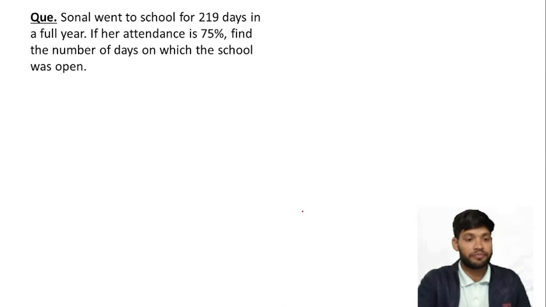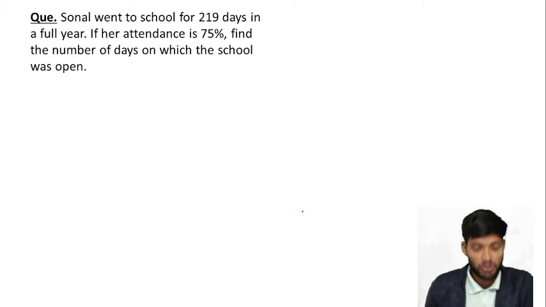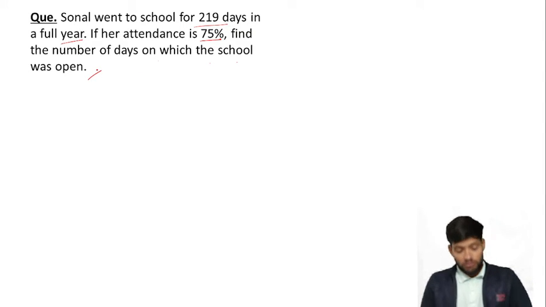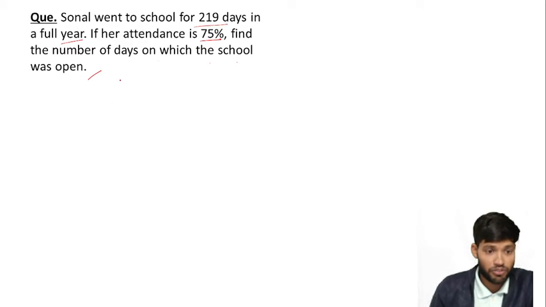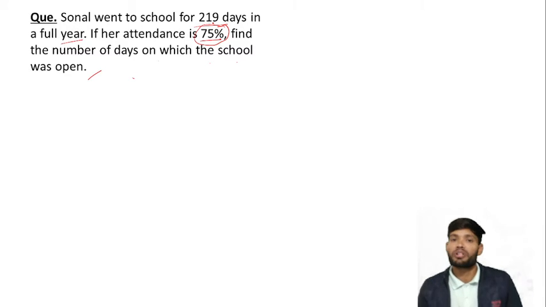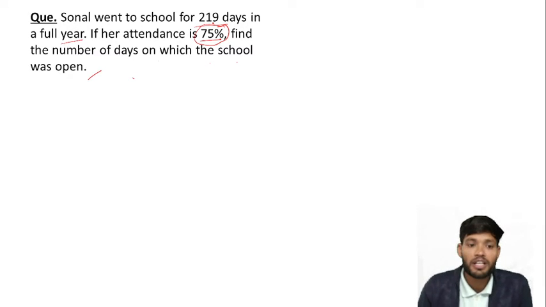Now next one. Sonal went to school for 290 days in a full year. If her attendance is 75%, find the number of days on which the school was open. We don't know how many days the school was open. 75% of the number of days the school was open in a year is 290 days.